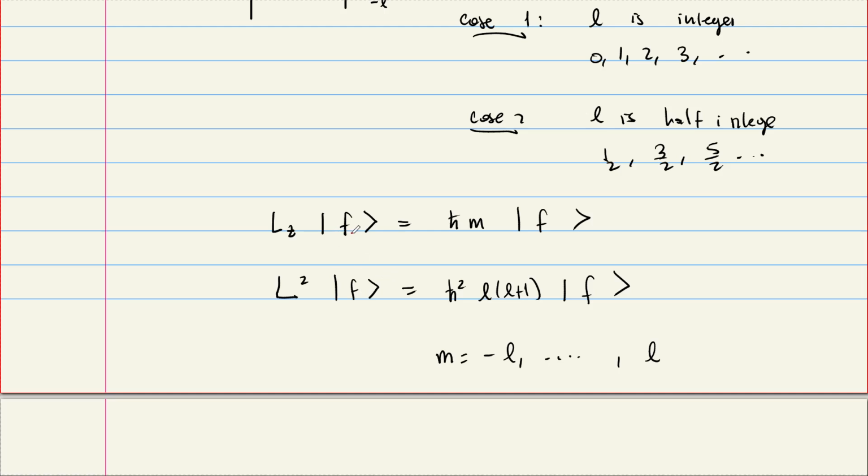Typically we put labels of eigenvalues, so we know which eigenvalue to pick. Sorry, this is L, and this is m. And as you may have anticipated, these are going to be spherical harmonics. Good?